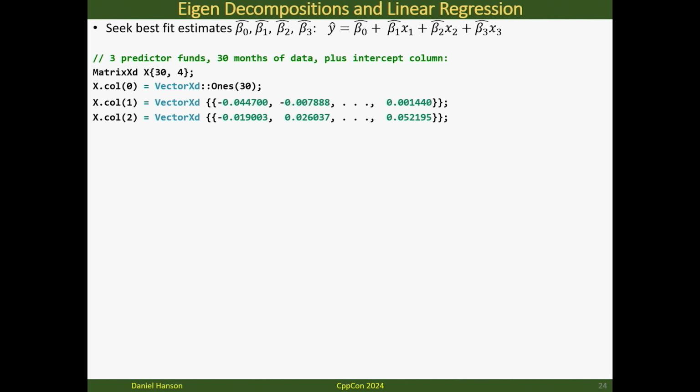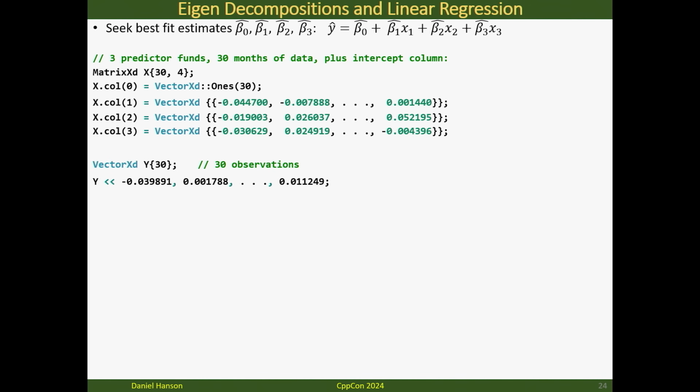Then the remaining data can also be assigned using individual vectors. Of course, in reality, we wouldn't be hard coding the data. It would be coming in from a database or something. So we could get the data, say, from a database, bring them into Eigen vectors, and then assign them to columns in the matrix. For the vector y, the response vector, we'll just go back to the old way and use the stream operator.